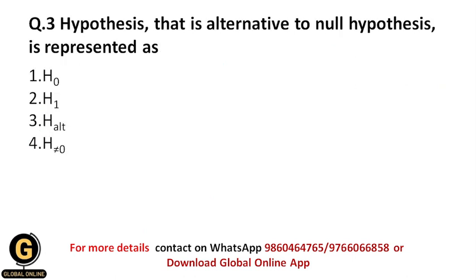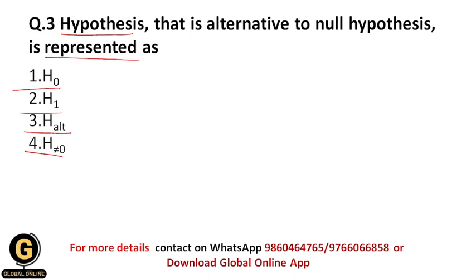Next is, the hypothesis that is alternative to null hypothesis is represented as. Now the hypothesis which is alternative to null hypothesis, or which is opposite to null hypothesis, is represented as what? Whether it is H0 or H1 or HALT or H is not equal to 0.